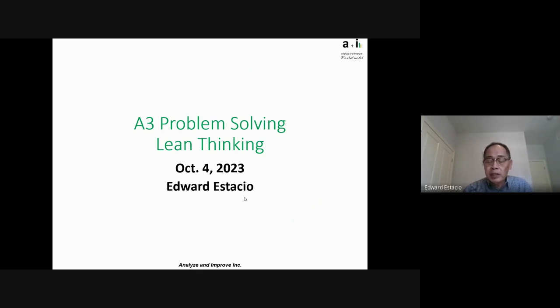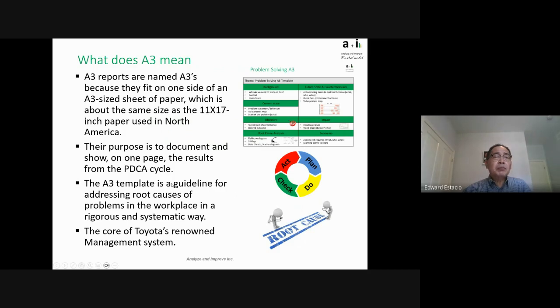Our decisions were not based on data. It was based on maybe tribal knowledge. We didn't do the proper corrective actions. We did not train everyone, and we did not see it through. So all those things are going to be covered in A3 problem solving.